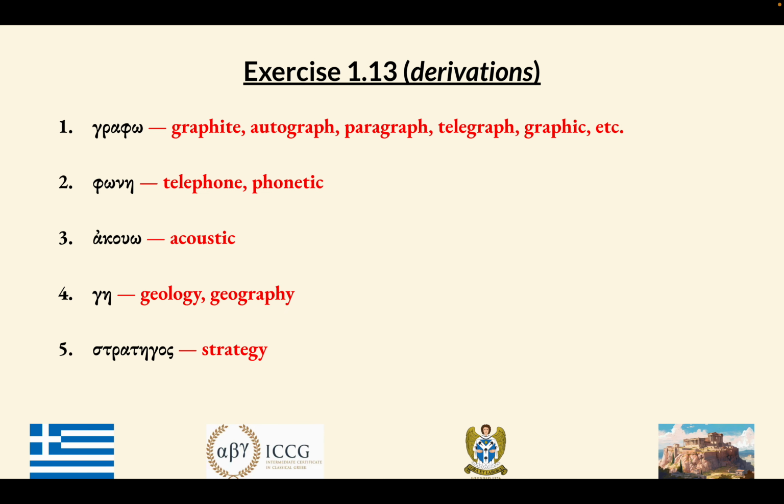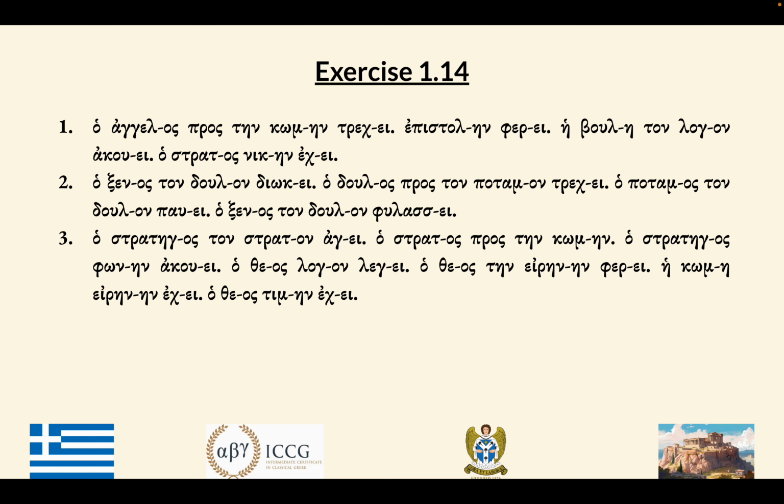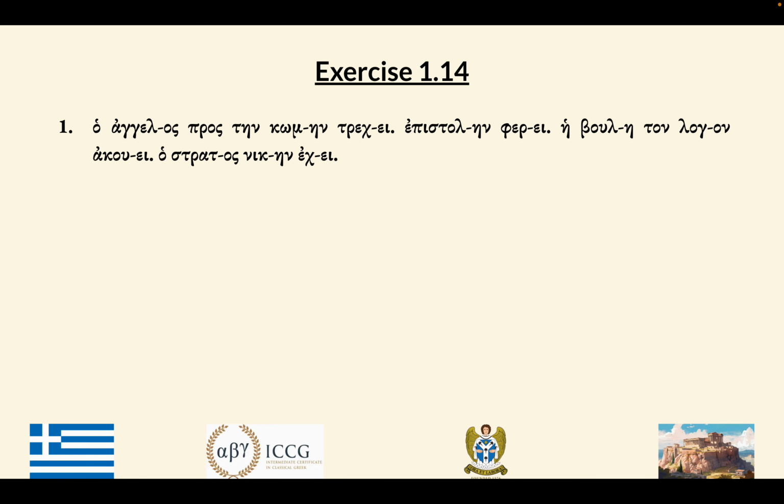And then, so I've skipped on too far, exercise 1.14. Now, this is the same skill as before, but just trying to deal with almost paragraphs rather than individual sentences. So if we look at the first one, ho angelos pros ten komen treke, epistolen fere, he boule ton logon acue, hostratos niken eke.